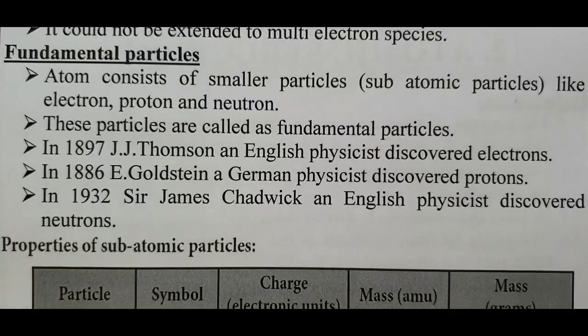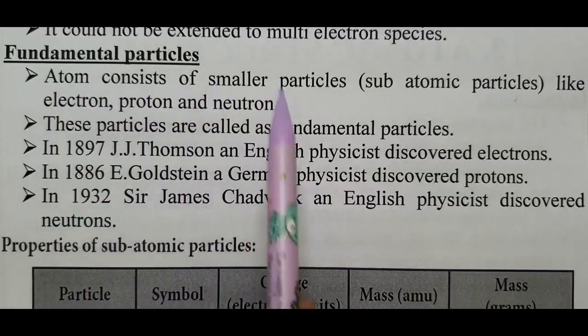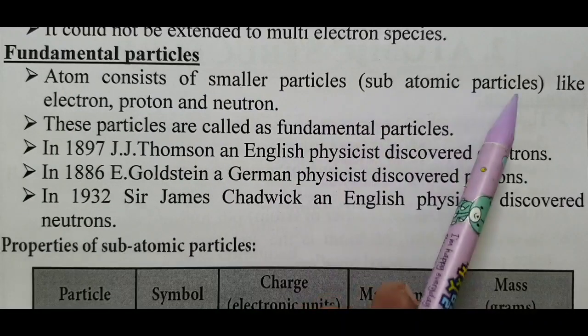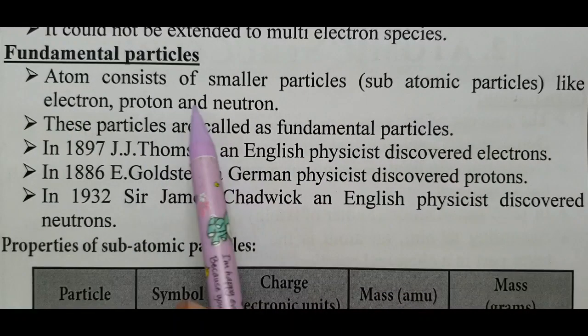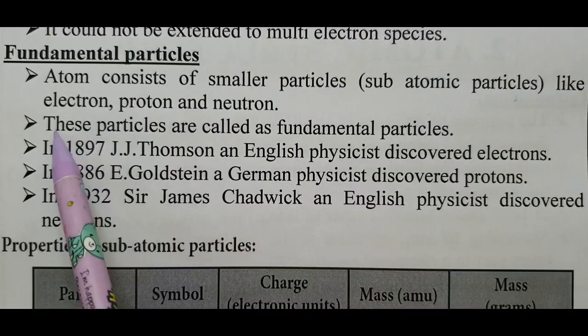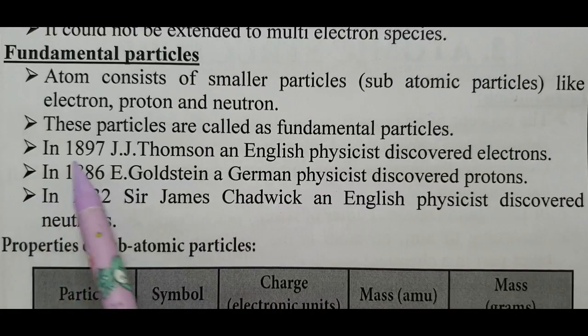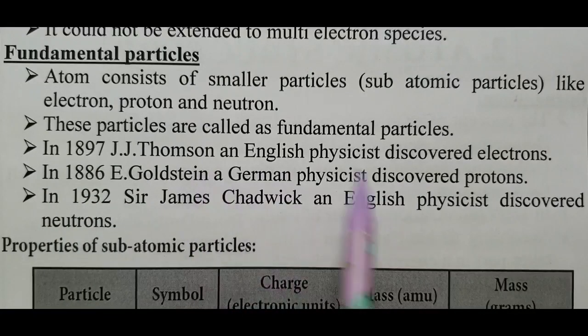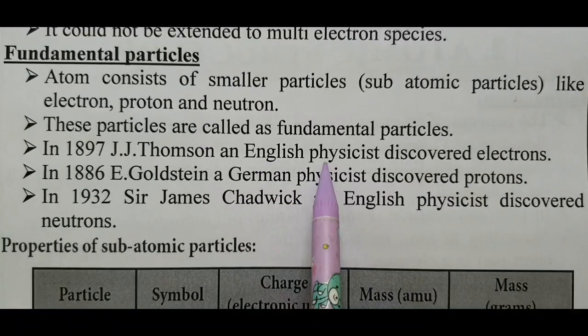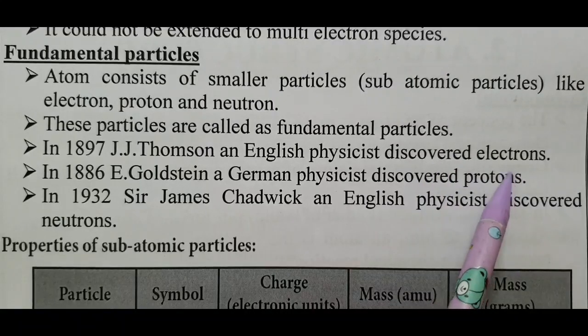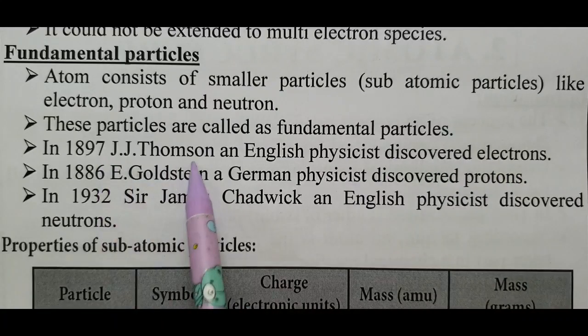Fundamental particles. An atom consists of smaller particles called subatomic particles, like electron, proton and neutron. These particles are called fundamental particles. In 1897, J.J. Thomson, an English physicist, discovered the electron.